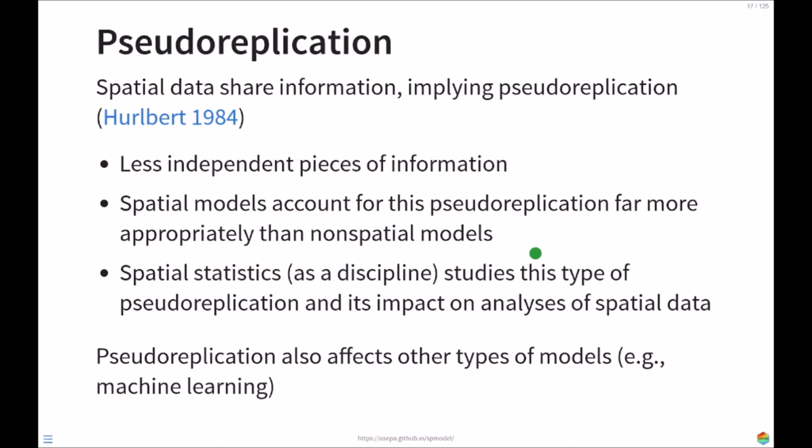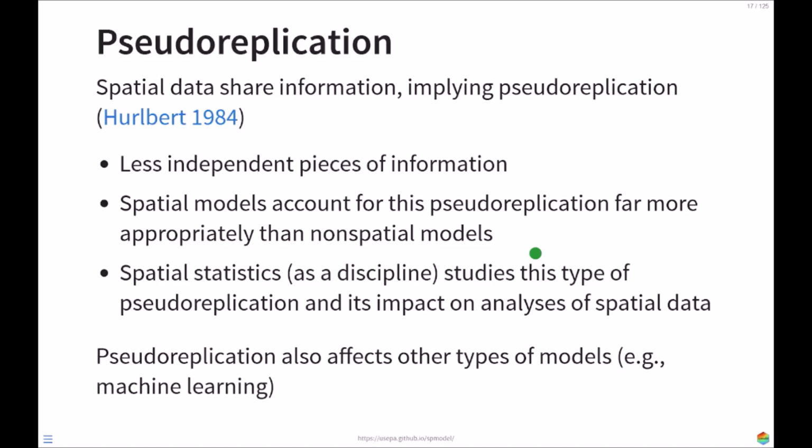What pseudo-replication means is that you have fewer independent pieces of information in your data than your sample size. If you had truly independent data, you would have basically as much independent information as you had observations in that data set. But when pseudo-replication occurs, you don't. Spatial models work well because they account for this pseudo-replication far more appropriately than non-spatial models.